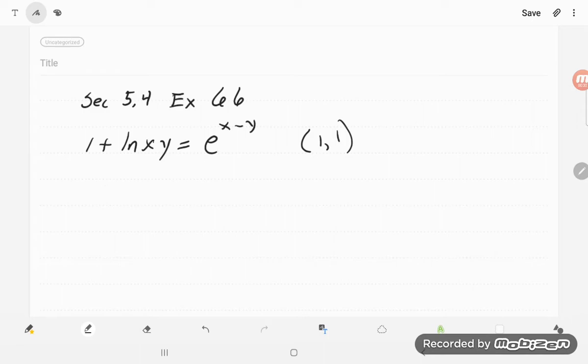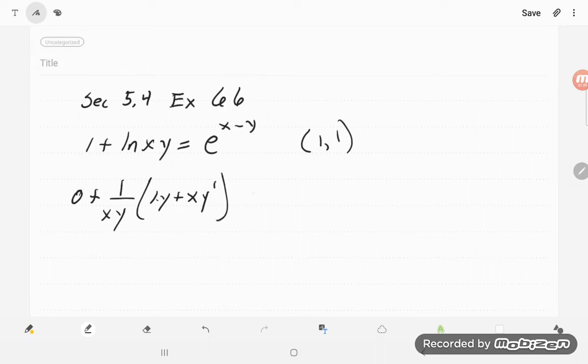Okay, I take the derivative of both sides with respect to x, and I'll get a 0 there, plus 1 over xy. But then, this is kind of a nasty thing, in that next I have to do the product rule with the x and y, because y is a function of x. So we get 1 times y, plus x times y prime.